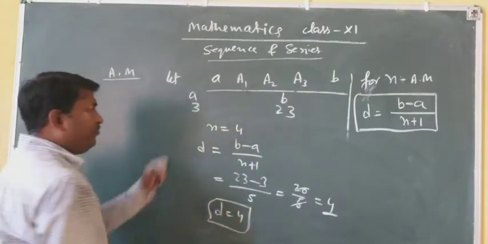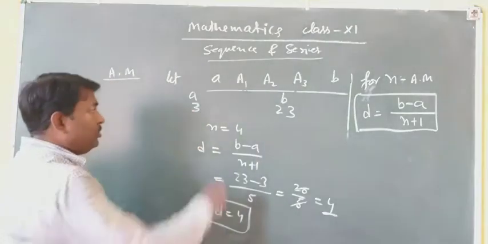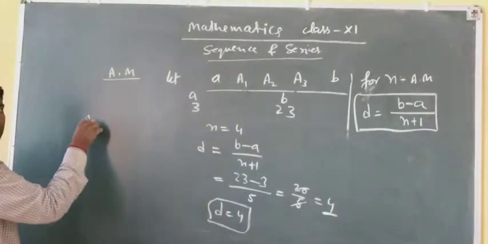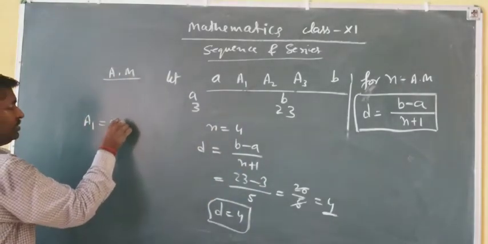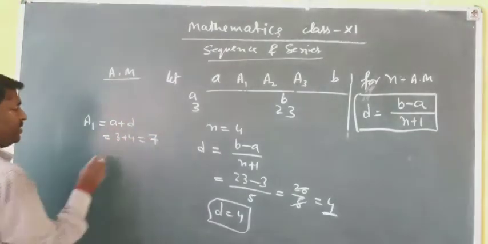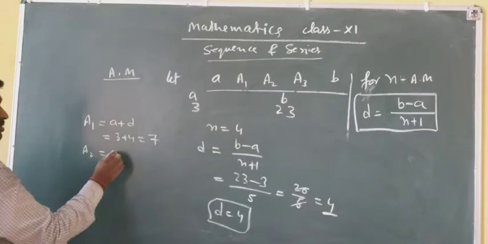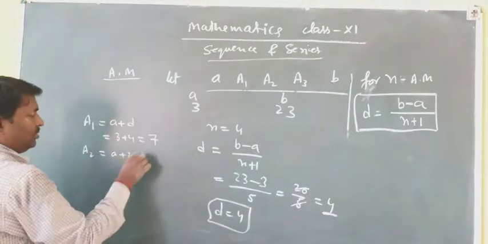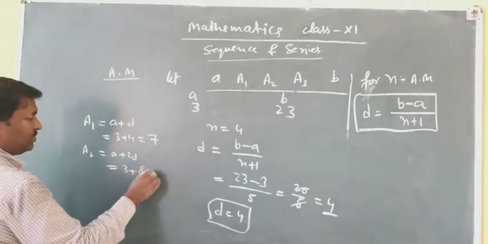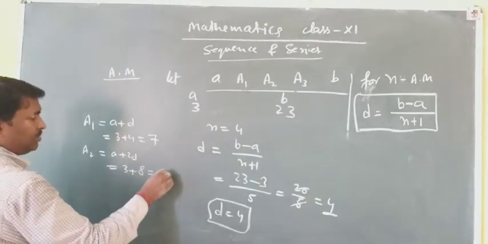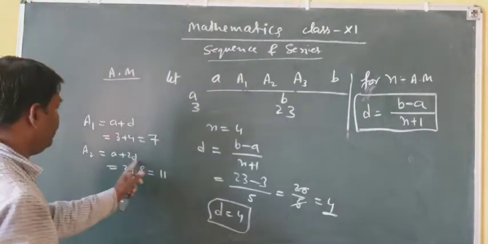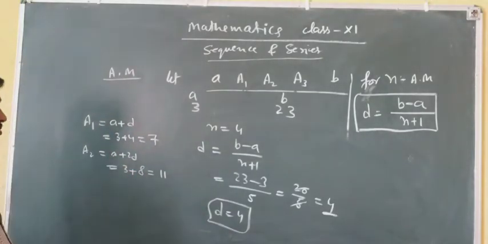Now d is known and the first term is known. So what is the second term here? The first arithmetic mean is a plus d, that is 3 plus 4, equal to 7. The second arithmetic mean is a plus 2d, equal to 3 plus 2 into 4, which is 8, so 11.